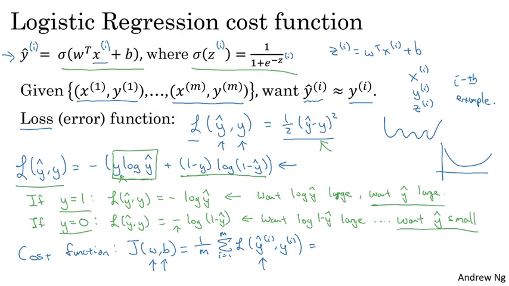And so just to expand this out, this is equal to negative 1 over m, sum from i equals 1 through m, of the definition of the loss function above.